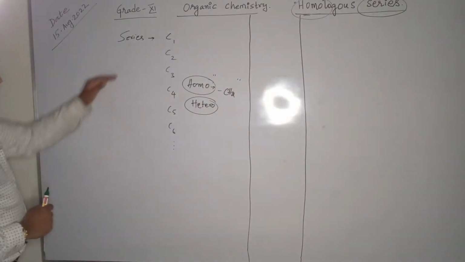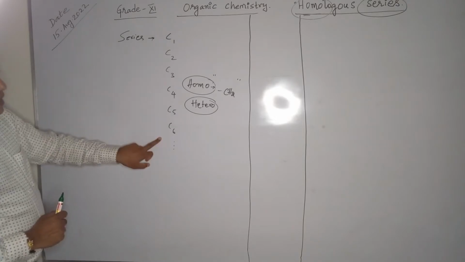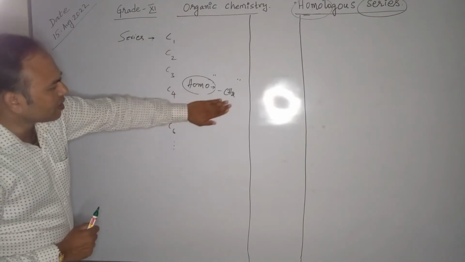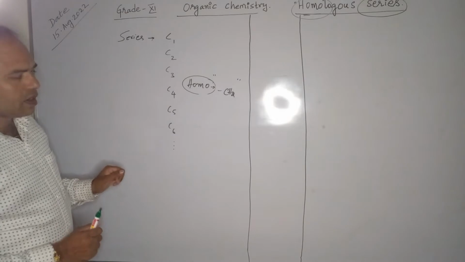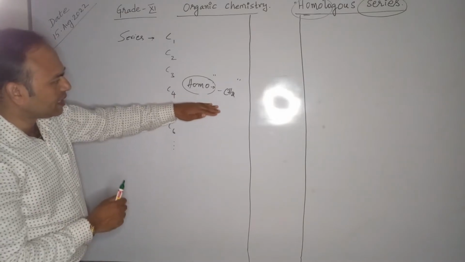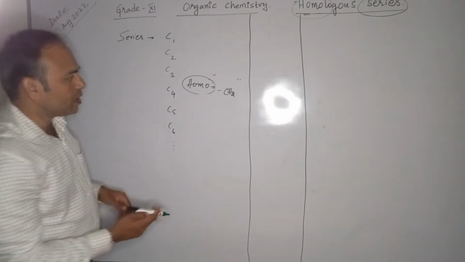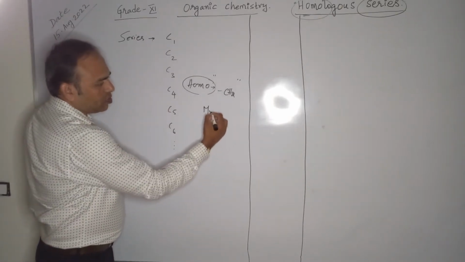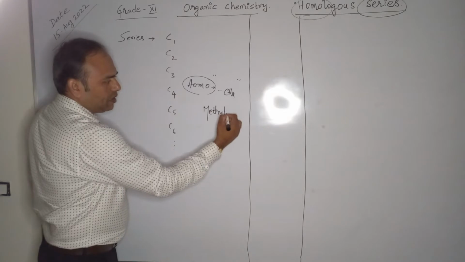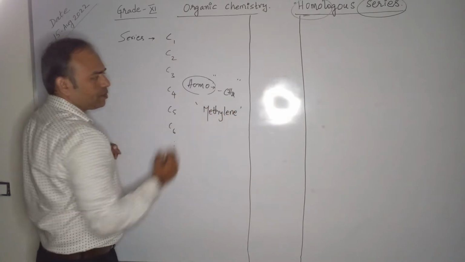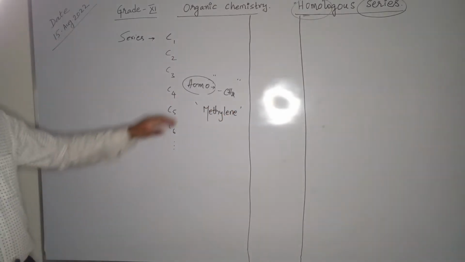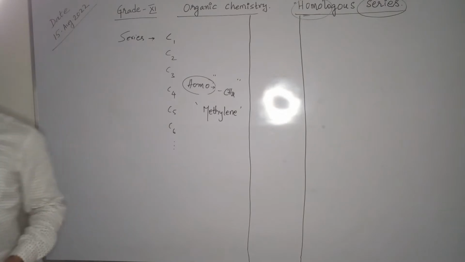It indicates that the number of carbons keeps on increasing and they have something similar. I don't want to reveal what that similarity is. Later on we will see that the similarity is a CH2 group, and the CH2 group in chemistry is known as a methylene group. So this is the introduction of homologous series.